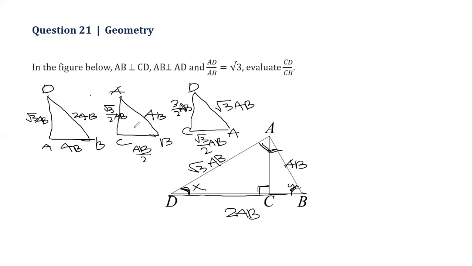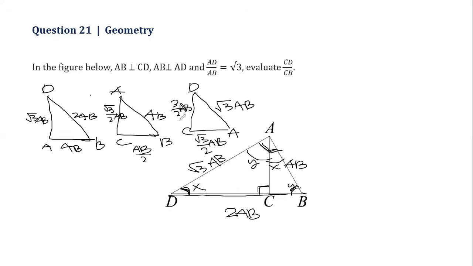Okay. So this triangle is the big triangle, right? And this triangle, we know from the big triangle that this is AB. But because they have similar angles, as you can see, this is y, this is x.